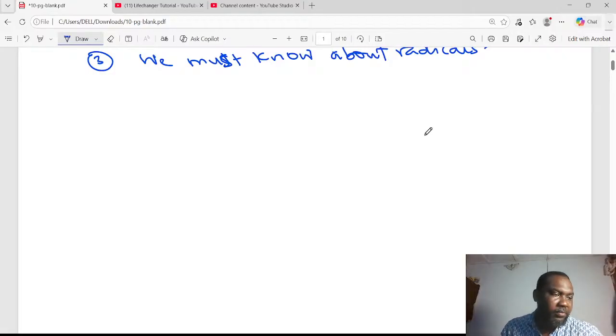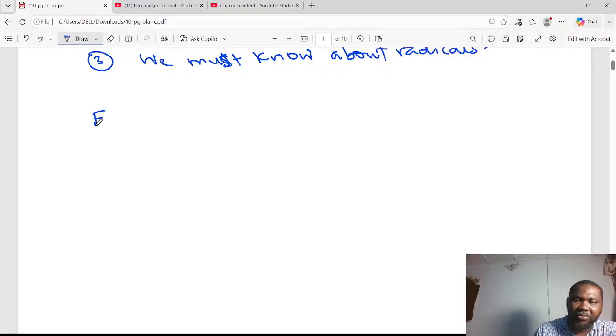Okay, so just like I mentioned, every student must know the first 20 elements. And I'm going to write them here. So let's write it again. First 20 elements.